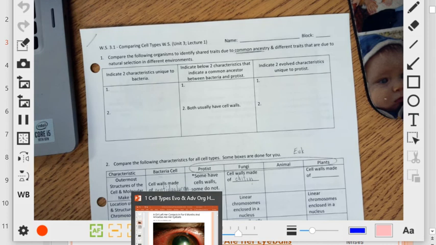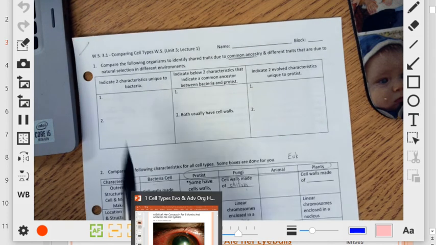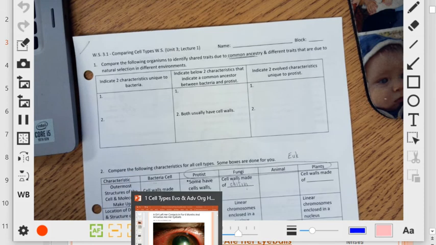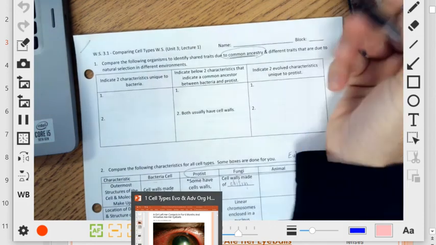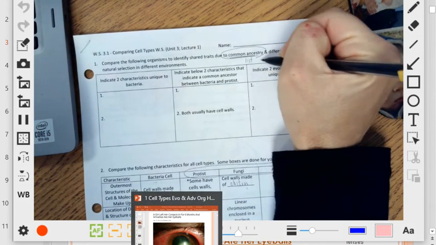So sometimes you're going to see what seem like complex essay questions. It says, compare the following organisms to identify shared traits due to common ancestry, okay? This is just a fancy way of saying list similarities.